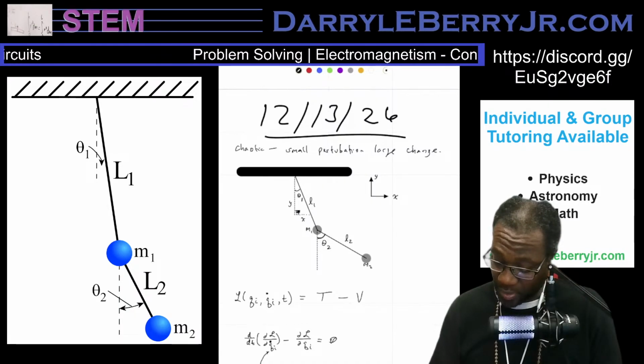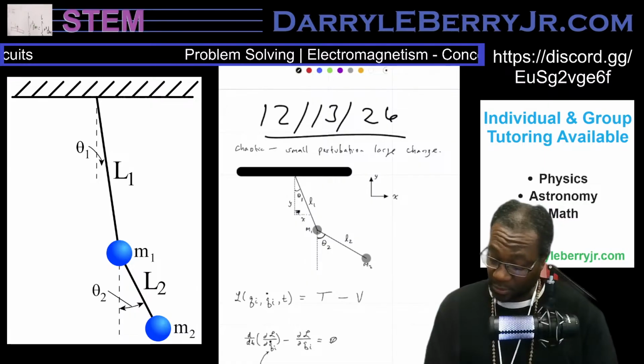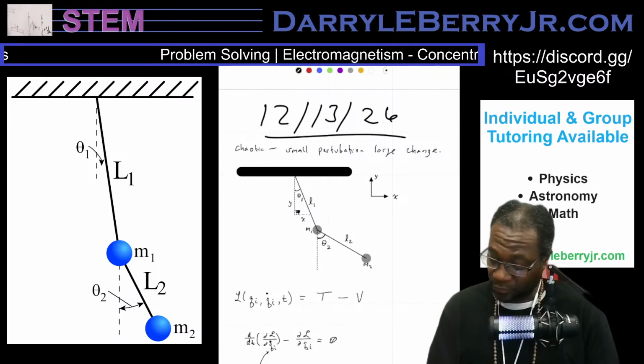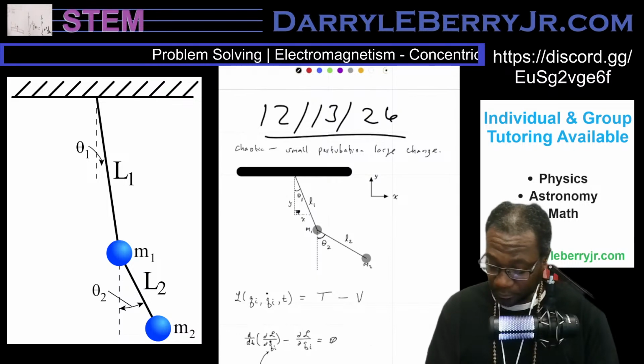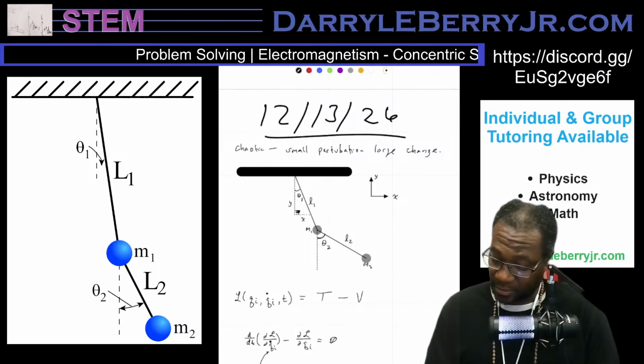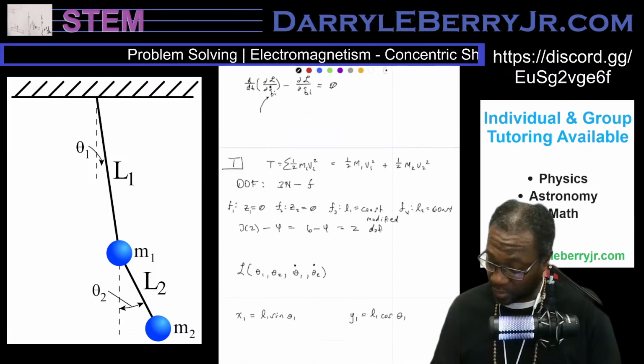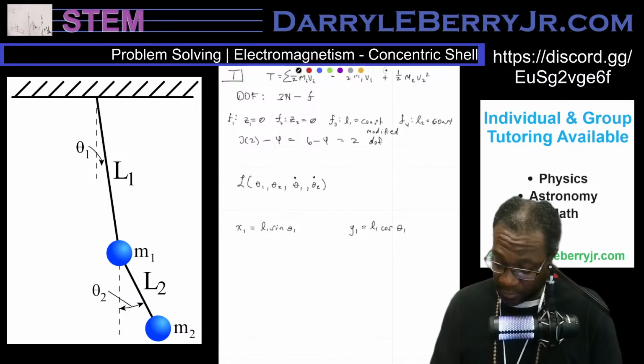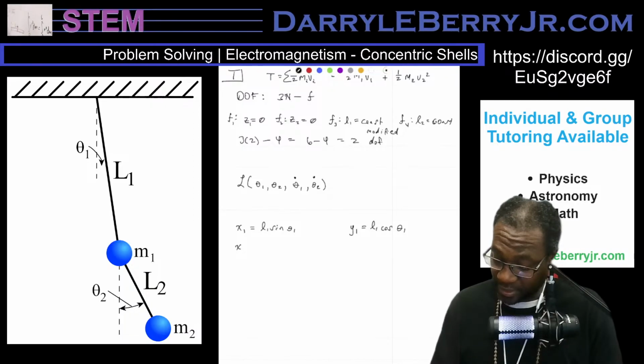This is x, this is y. So sine of theta is x over L, the opposite. So x is L sine theta 1, and we have that there. And we can go ahead and get the derivative of x.